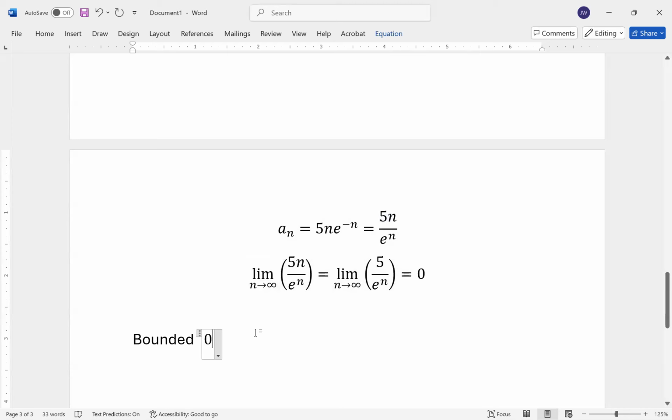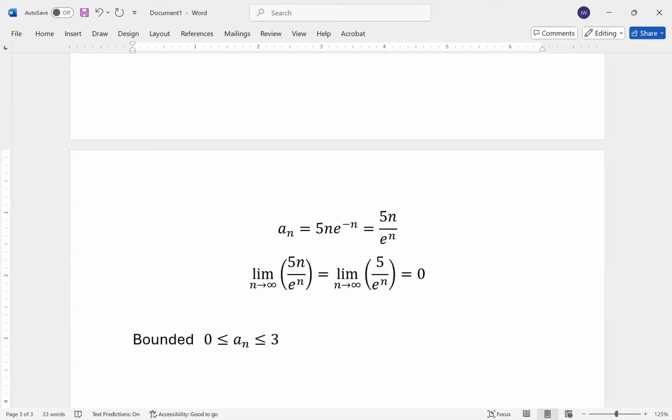So each a sub n is always bigger than 0. It's always positive each term. And then it's bounded above by this weird 5 over e. And sometimes people might not like 5 over e, so you can pick something just bigger than 5 over e. You could pick something like 3, for instance.